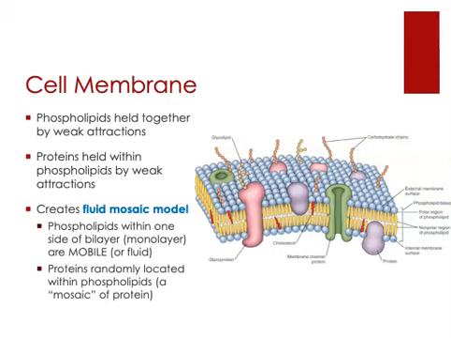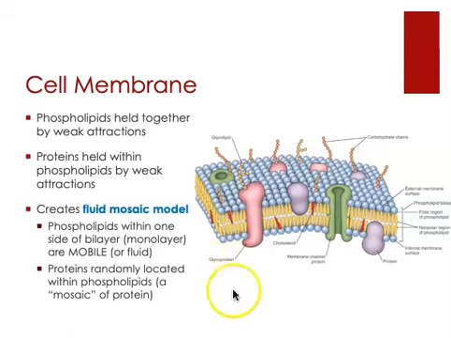Remember, what holds phospholipids together in a membrane is not covalent bonds. There are covalent bonds that build each individual phospholipid, but when individual phospholipids come together in a group, they spontaneously form a bilayer. And that's because of their chemistry, because their heads are hydrophilic and their tails are hydrophobic.